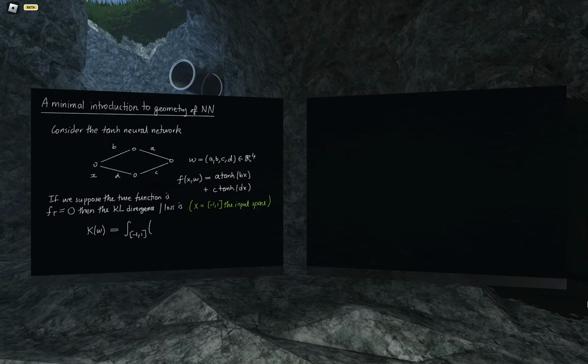Well, it's the KL divergence, which for exponential models turns out to be given by this, which, if the function we're trying to approximate by this 2 hidden node, 1 hidden layer tanh network is the 0 function, that's just this. dx. It's a bit awkward to have dx, isn't it?